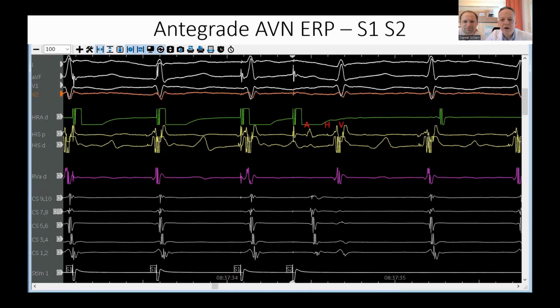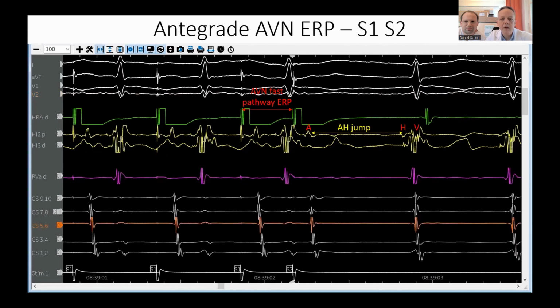In the next step, we can assess atrioventricular conduction, in which case only atrial pacing intervals longer than the ERP that we have established before can be used. And again, you see an example here. With that, we assess the ERP of the AV node and the ERP of its extensions.